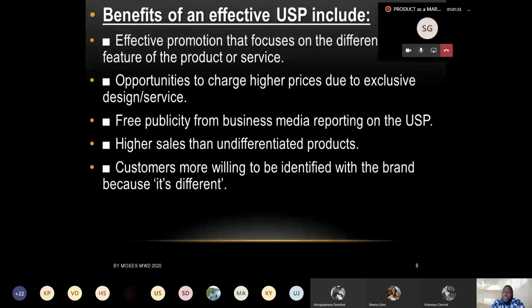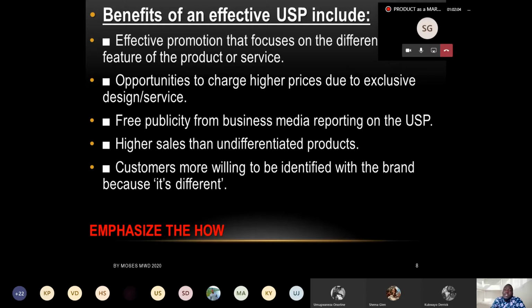So they market iPhone for Apple free of charge. Customers are always willing to be identified with the brand because it is different, and they'll be doing marketing for you. So that's what we call the benefits.